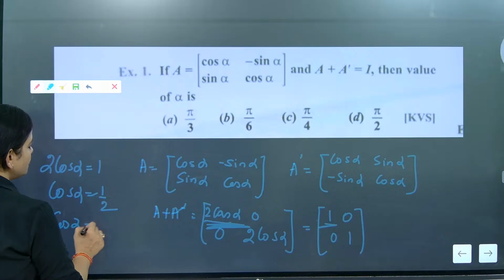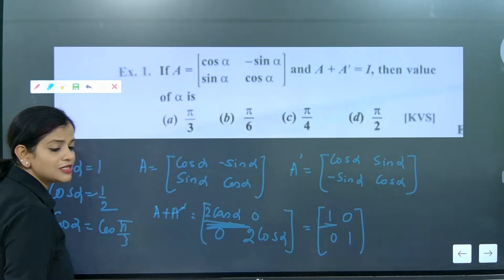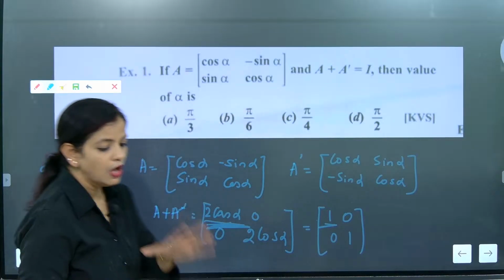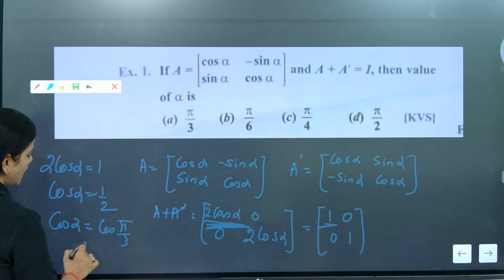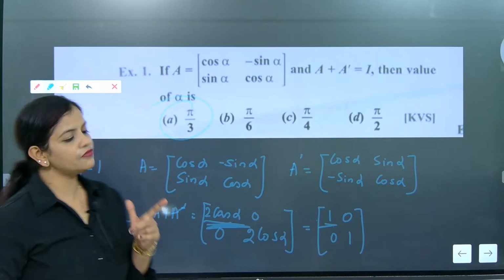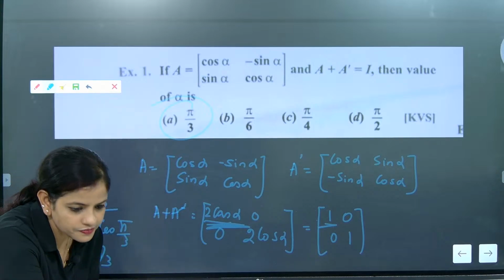So cos alpha is equal to cos pi by 3, because cos 60 degrees is 1 by 2. So we can write alpha equal to pi by 3. The answer is pi by 3.